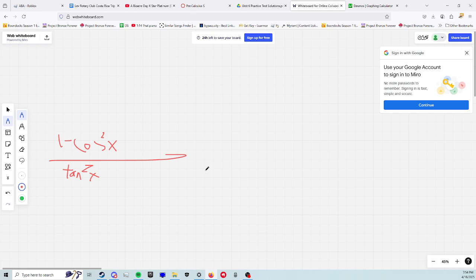If we look again at our trigonometric identities, we'll look around until we find one that matches what it says up there.